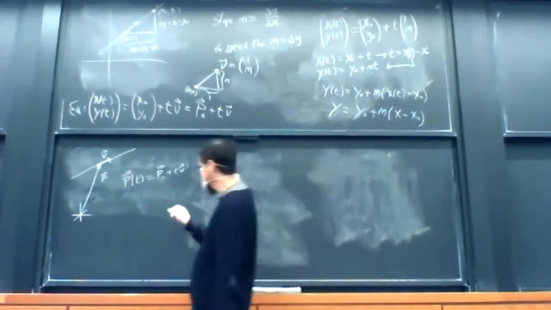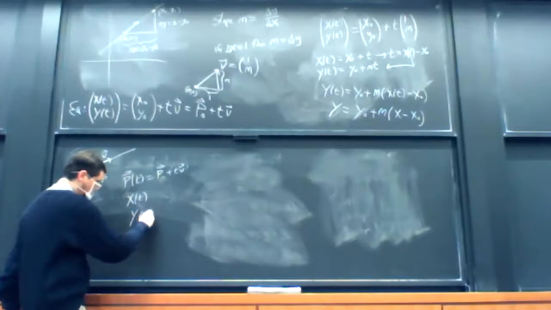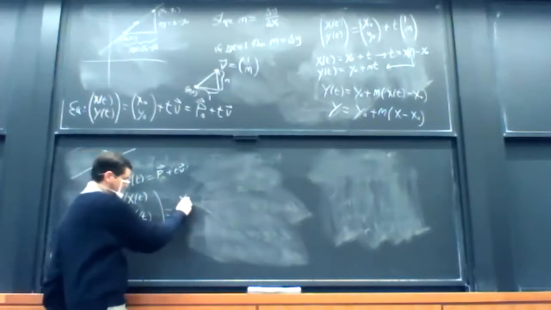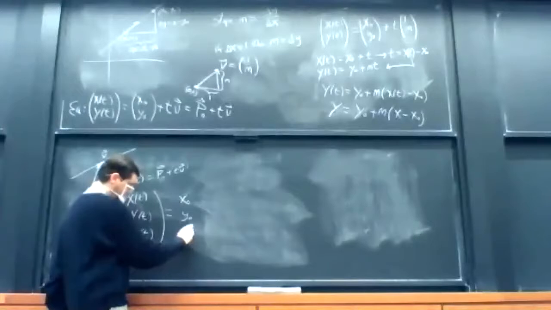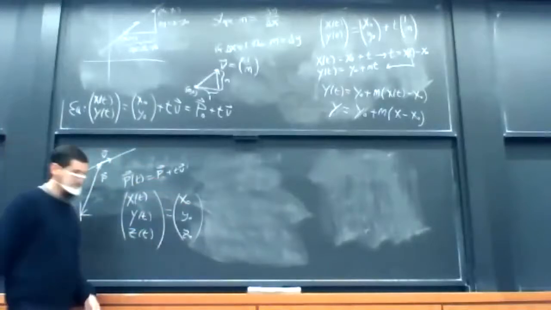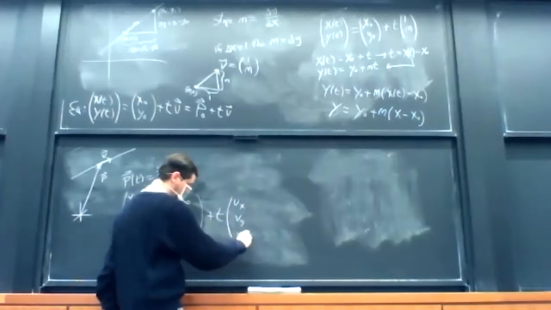If you want to write it out in excruciating detail, you could say x of T, y of T, z of T, if you're in 3 dimensions, is x naught, y naught, z naught, or maybe px, py, pz, doesn't matter, plus t times maybe vx, vy, vz.